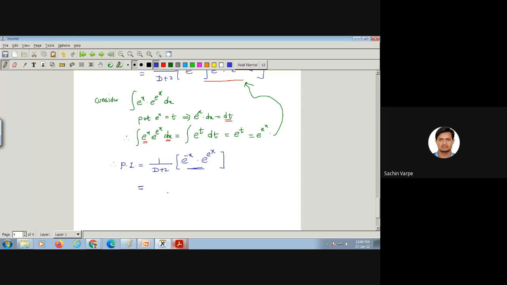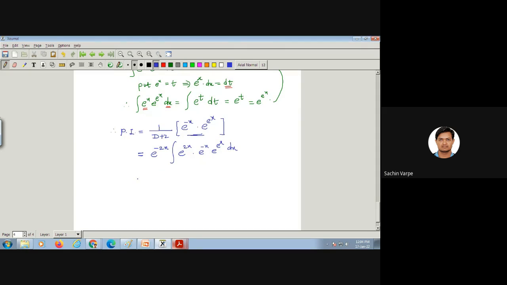So 1 upon D plus m operator on f of x gives e to the power minus mx, integration of e to the power plus mx into f of x, so that is e to the power minus 2x, integration of e to the power 2x into f of x, where f of x is e raised to minus x e raised to x dx. So that is equal to e to the power minus 2x integration of e raised to x x dx.